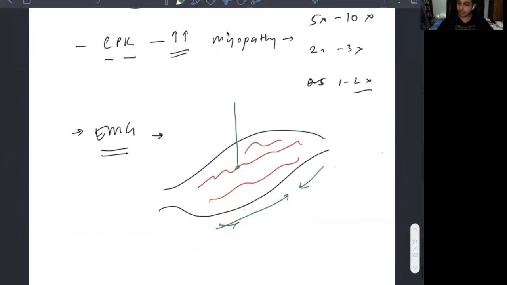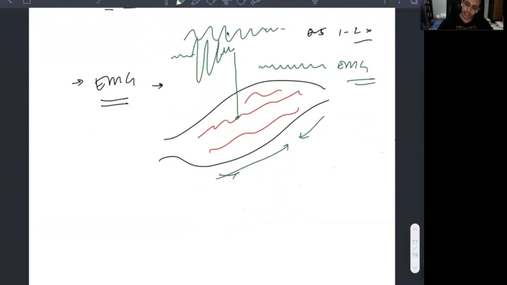In a normal patient, there are certain electric readings that we get, but in a diseased muscle, you will get abnormal readings. So your normal muscle firing pattern will be decreased, and you will get a small myopathic kind of EMG reading. So an EMG is very, very useful to confirm that it is a myopathy.